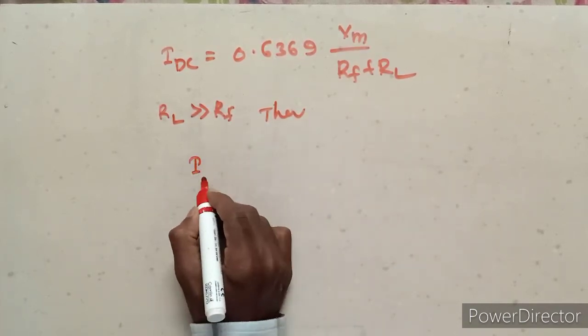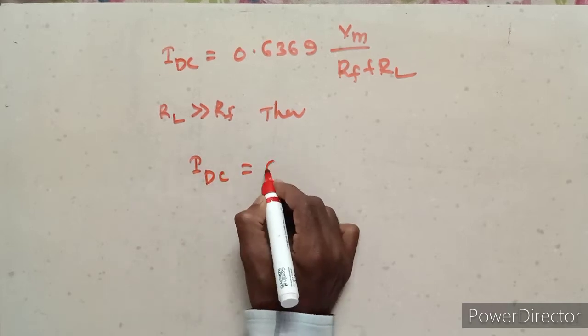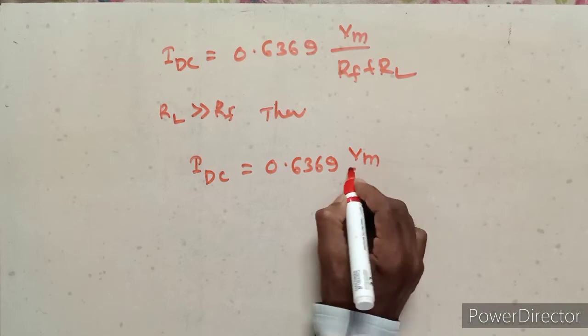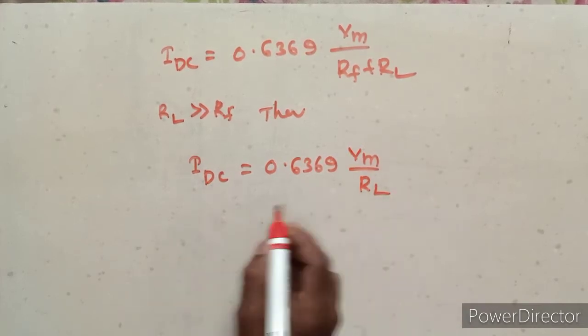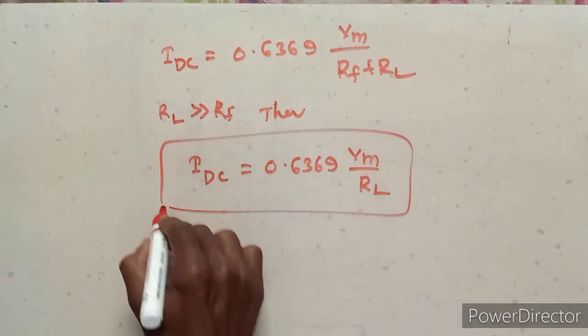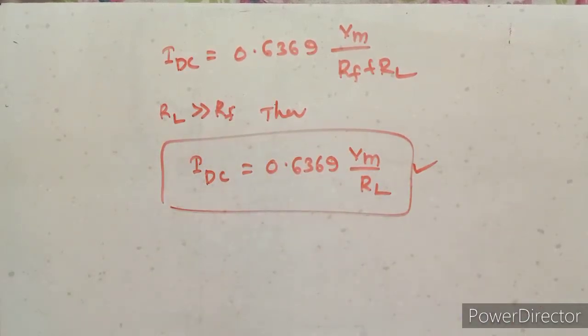So the dc value of the current equals 0.6369 into Vm upon RL. This is the dc value of the current.